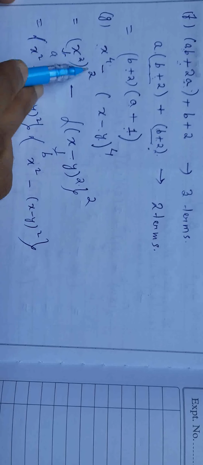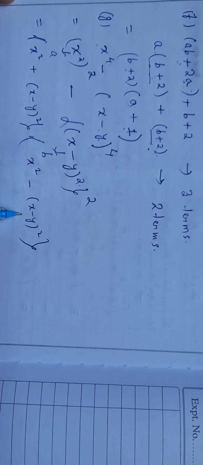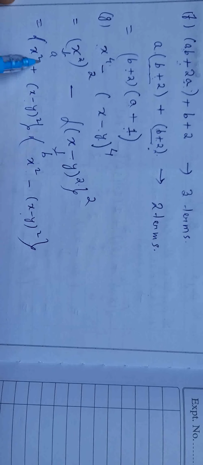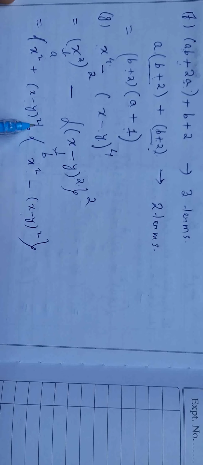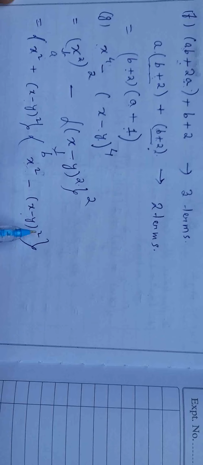Therefore a square minus b square can be written as a plus b into a minus b. Now here a is x square, b is x minus y whole square.